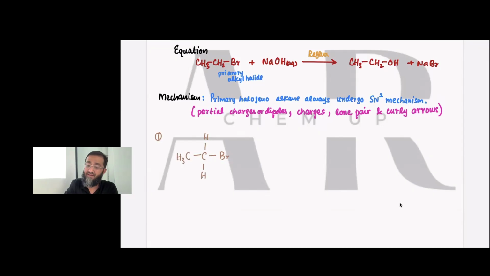That is your first step. The second step, you are going to make the nucleophile. So what is the nucleophile over here? OH, right? OH is the nucleophile which is displacing the halogen. So I'm going to draw the OH over here, and as it's a nucleophile, what was the definition of nucleophile?